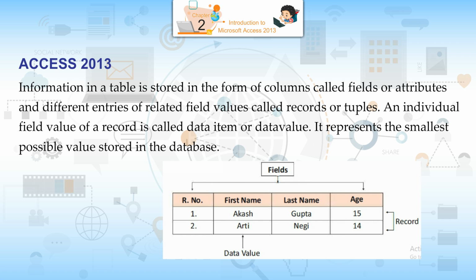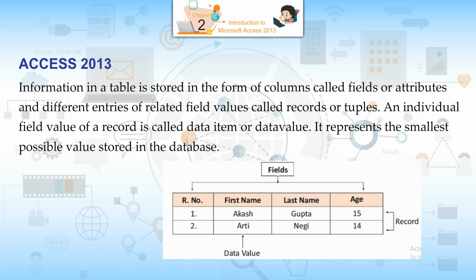Information in a table is stored in columns called fields or attributes, and different entries of related field values are called records or tuples. An individual field value of a record is called a data item or data value. It represents the smallest possible value stored in the database.